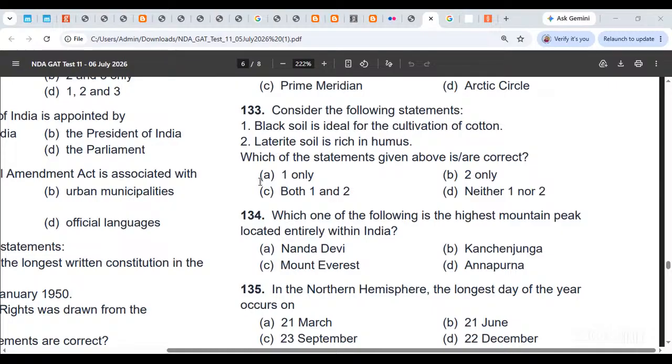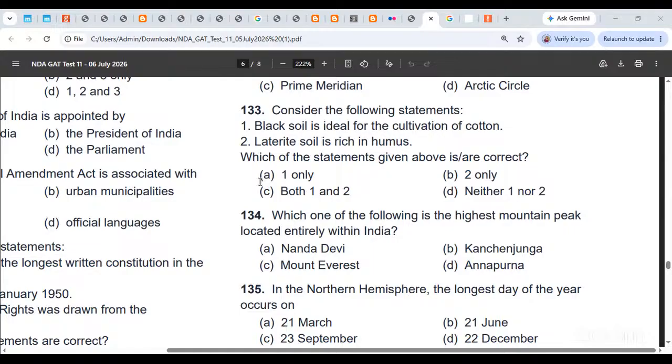Okay, black soil is famously called black soil because of the kind of color it has, or also because of the origin of it. Black soil comes from the weathering of the basaltic rock. So obviously it will contain those minerals also, and hence the color. Black soil is famously ideal for cultivation of cotton because of the minerals it contains, and also because it has that self-ploughing ability.